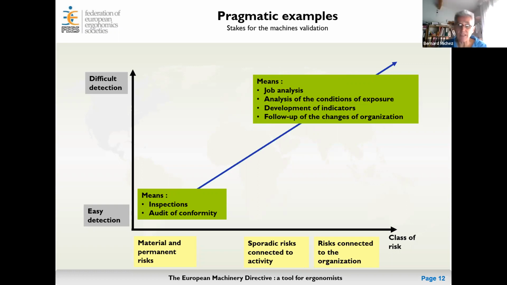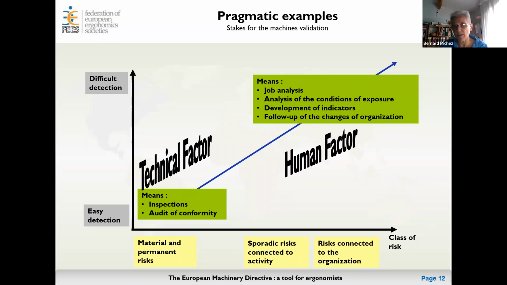You have to go through the different workshops and the different periods of working. And above all, you cannot skip the fact that you have, for sure, a technical factor. For sure, you've got a human factor, but there's something between the two factors you have to understand. You cannot see only one of them. You have to see both of them at the same time.